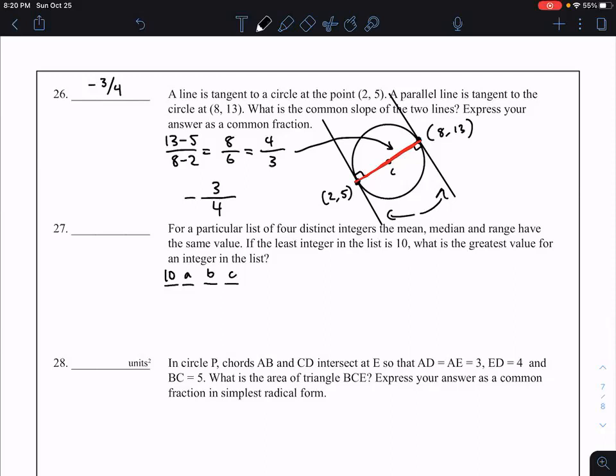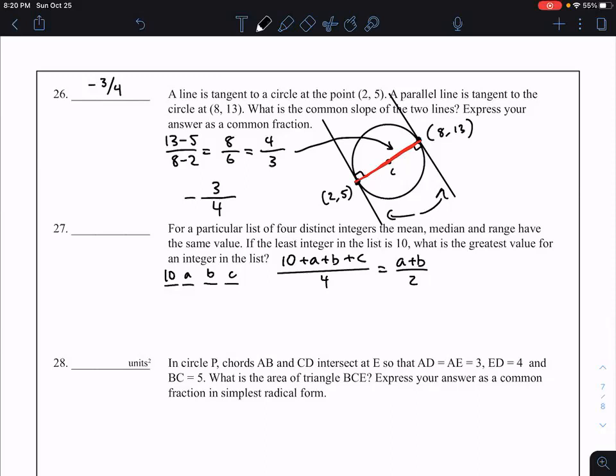We know that the mean is equal to the median, so we can express that as 10 plus A plus C plus B divided by 4 is equal to A plus B divided by 2.